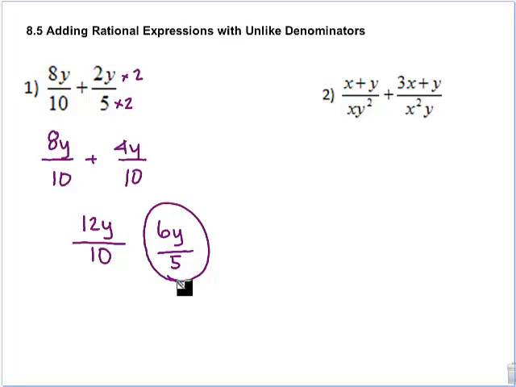So x plus y over xy squared plus 3x plus y over x squared y. We need to make the denominators the same. So we have an xy squared and an x squared y.